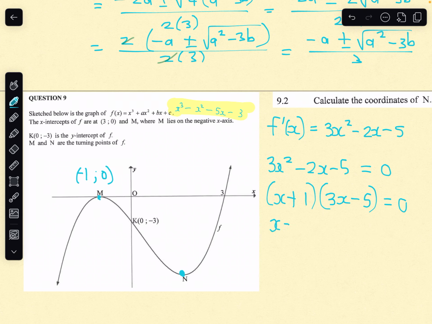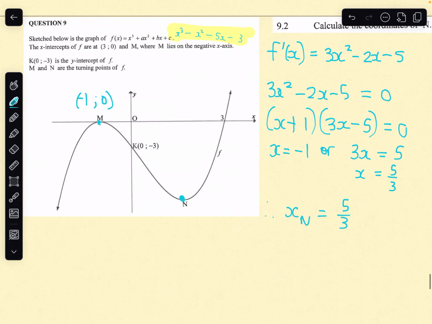So x is either equal to minus 1 or 3x is equal to 5, meaning that x is equal to 5 over 3. Right, so therefore the x coordinate of n is equal to 5 over 3 because the minus 1 belongs to m. So then to find the y coordinate of n, we calculate the value of the function when x is equal to 5 over 3.